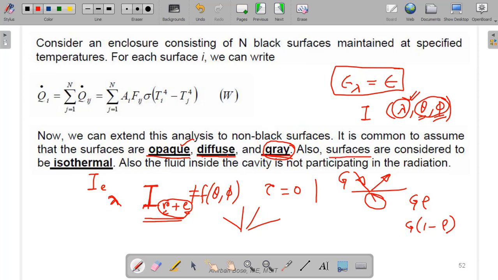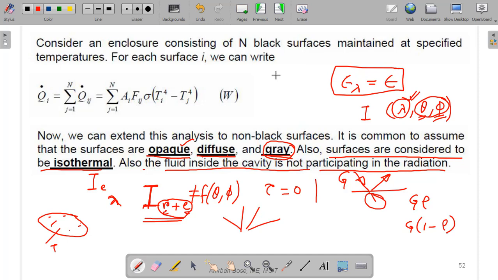Also, we are considering the surfaces to be isothermal. So when you are considering a particular surface, we are assuming that everywhere the temperature is the same. Let us consider that it is T. So it's an isothermal surface. And also the fluid inside the cavity is not participating in the radiation.